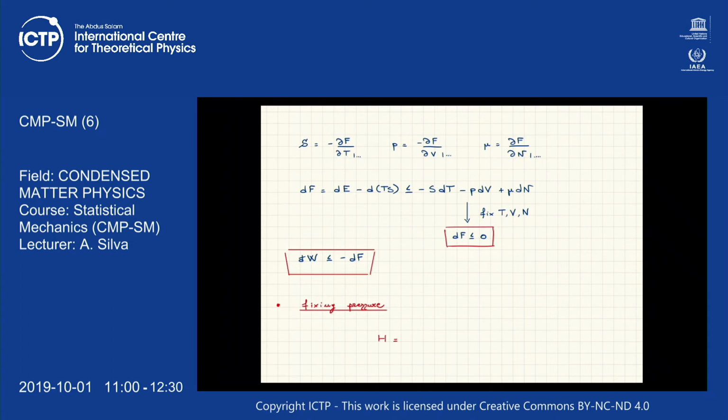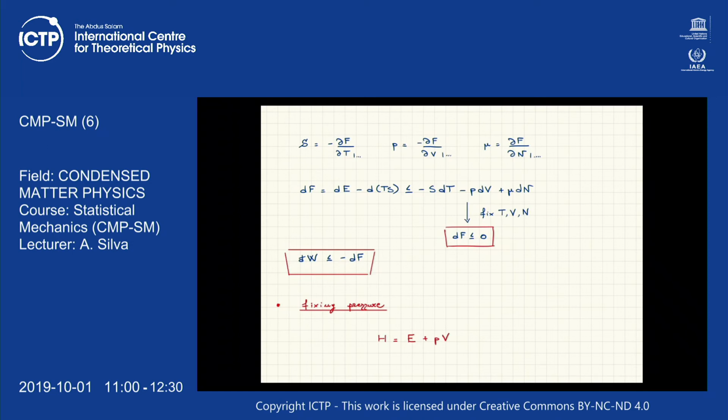We want a new potential. We'll start with the energy, and now we want to change variables and go from volume to pressure. What do we do? Plus P times V. That's it. We don't differentiate yet. So plus P times V.